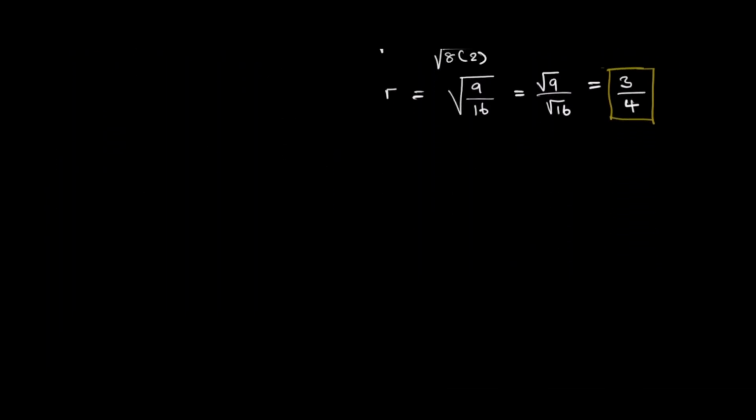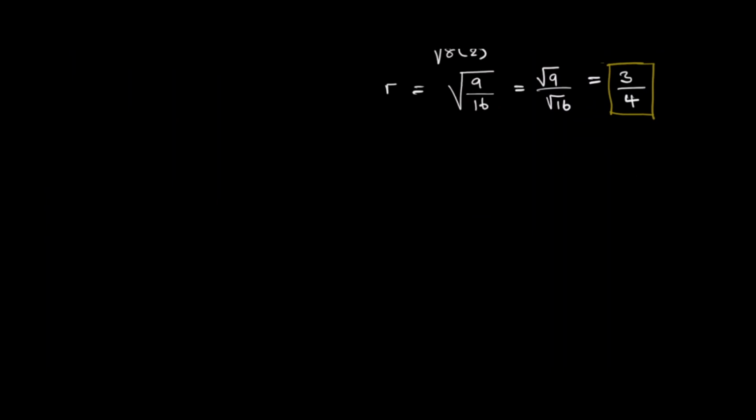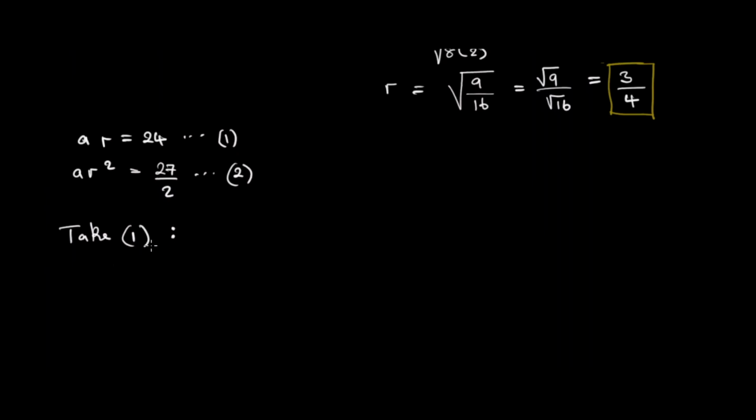We are going to select any equation apo. Saka equation yedu 1, remember yanga ichiti AR is equal to 24, ndio yanga iri equation 1. Equation 2 yanga ichiti AR squared is equal to 27/2. Todaziva kuti A ndiani. We take equation 1 because ndo iri simpler. Remember the Feynman method, always find the simplest way of solving things. So we take 1.